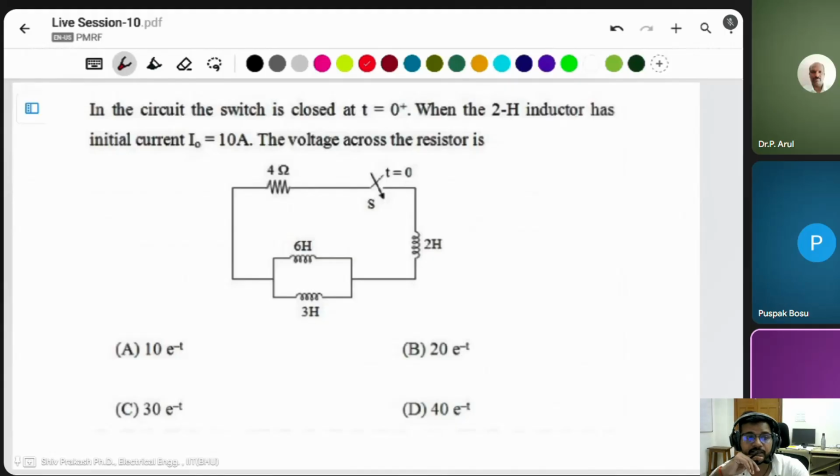First of all you have to find the current equation of this circuit. Then after multiplication by the resistor, I into R is the voltage drop across the 4 ohm resistor.